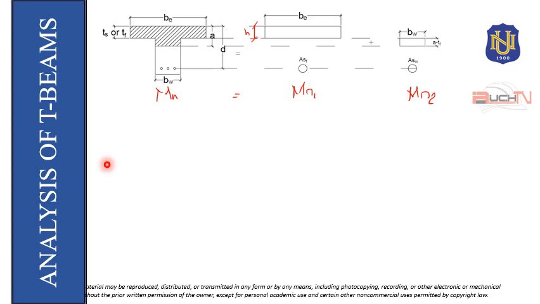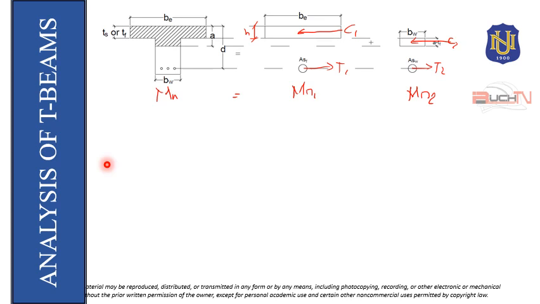So, since we have C1, C2, T1, and T2, the much better way to get the nominal moment capacity is to get it from the compression block. So, we go to the first diagram, where we need the moment arm.